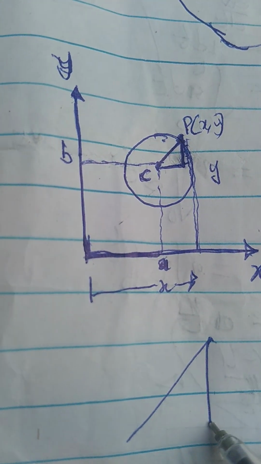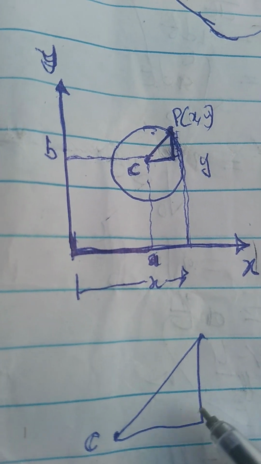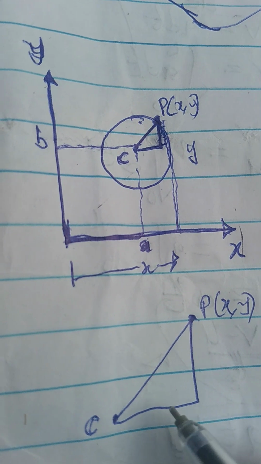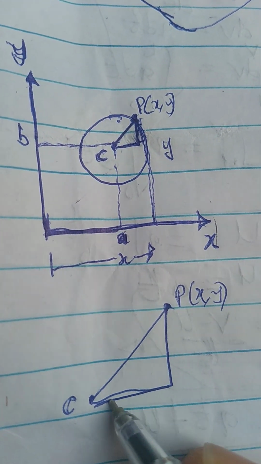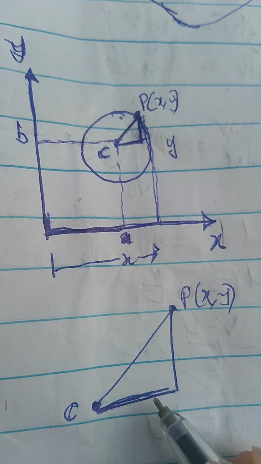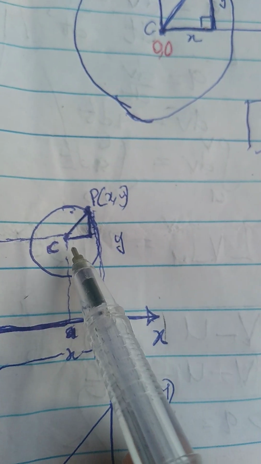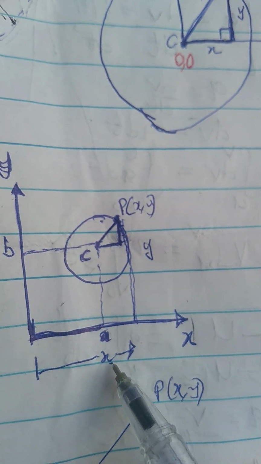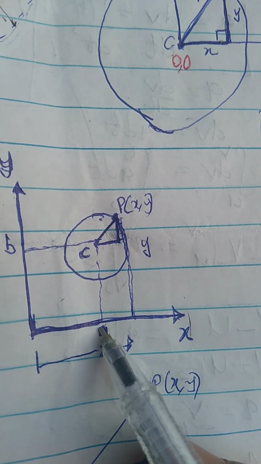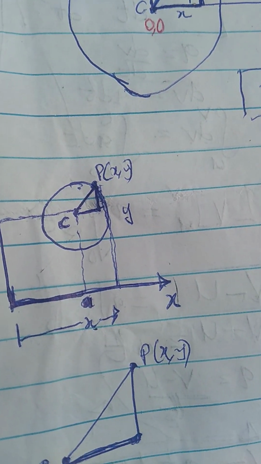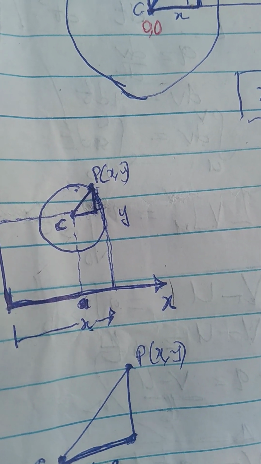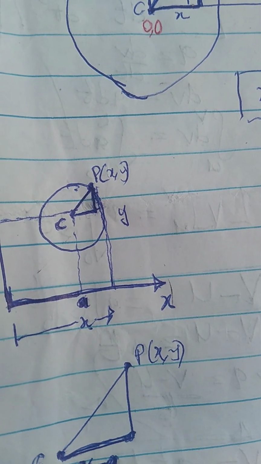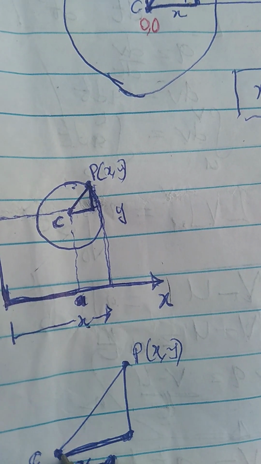This is what we are going to have from the diagram. This is our point C, and this is our point P, x, y. And the distance between these 2 points on the x-axis is the difference between the value of x and the value of a. So we have x minus a. This a is the x value for the center C, and x is the value for the point P on the x-axis.